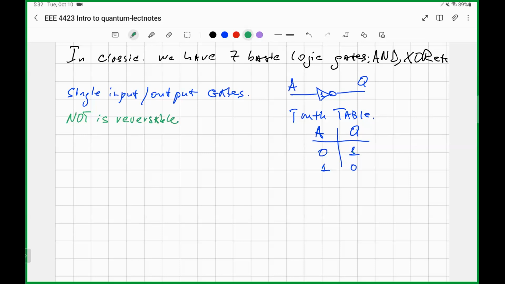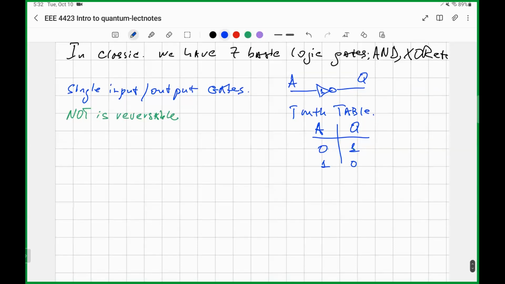This means that if I take 2 of them, it will do nothing, because the output will be equal to the input.